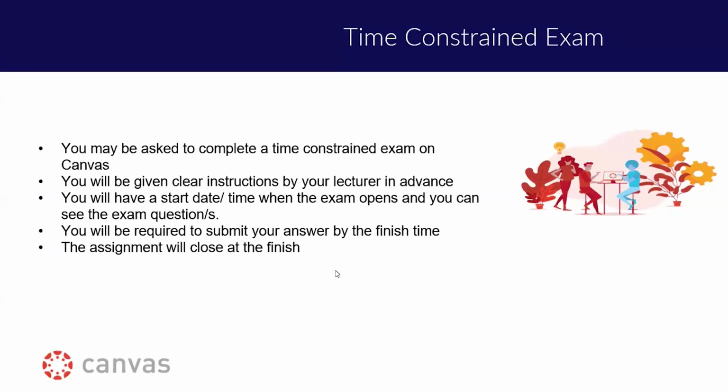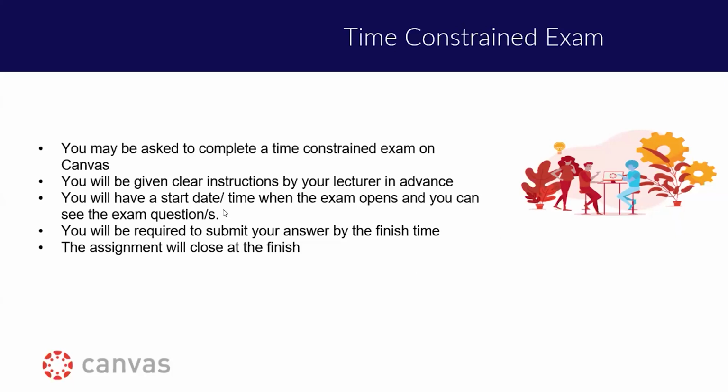Also, you could be asked to do a time constrained exam, so you might get 3 hours to complete an exam, and you could access that on Canvas as well. You would go into the assignments area as normal, and beforehand you would be given clear instructions by your lecturer on exactly what the timings are, and what you need to do in advance.